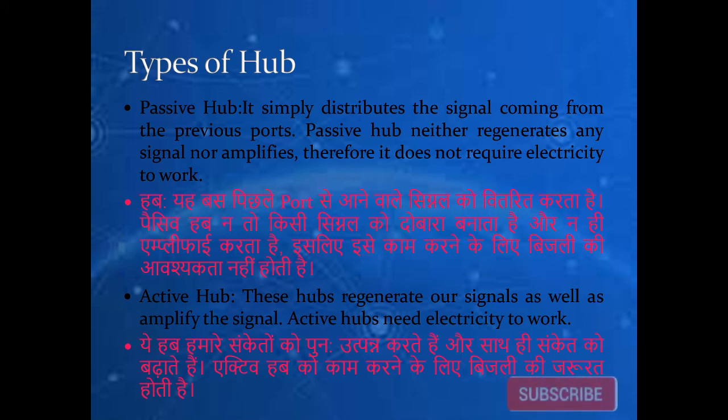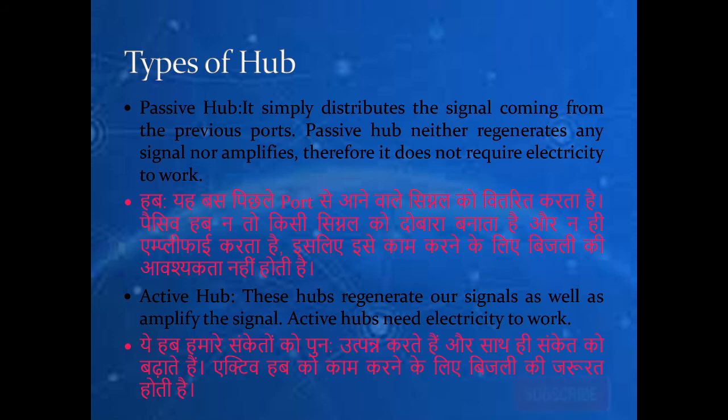But in an active hub, if the hub sees that the signals are getting weak, then it will regenerate the signal as well. It will amplify the signal. So for amplifying and regenerating, an active hub needs electricity to work. This is the difference between a passive hub and an active hub.